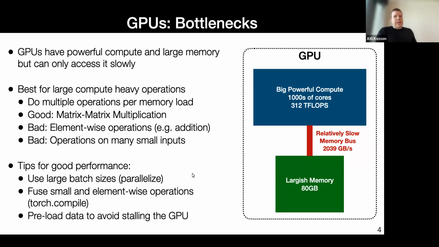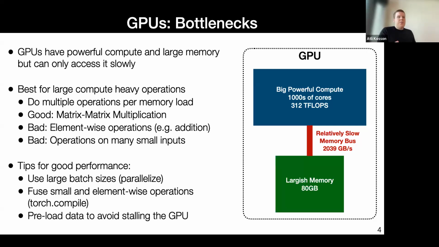The bottleneck for GPU training is that although you have plenty of compute and a decent amount of memory, the speed at which you can read the memory, although quite fast overall, is still quite small relative to the compute.